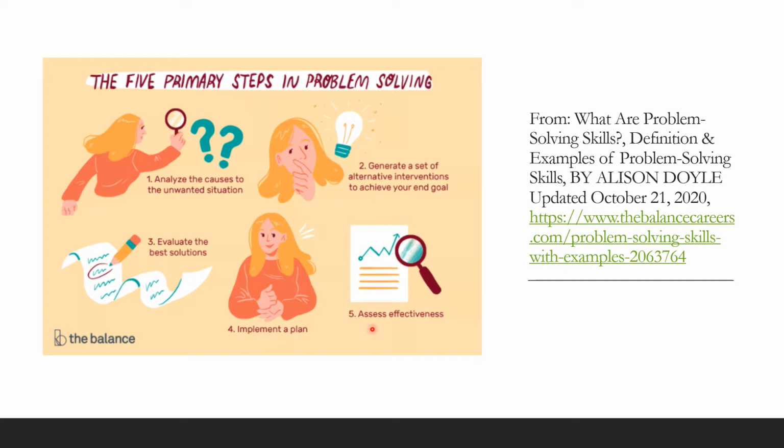And number five, assess effectiveness. So this is, I believe, a cycle if you have a problem. Okay, so if you find out that effectiveness is not the best, then you analyze again, you generate a set of alternative interventions again, evaluate, implement, and assess again. Okay, so these are the five primary steps in problem solving by Alison Doyle.